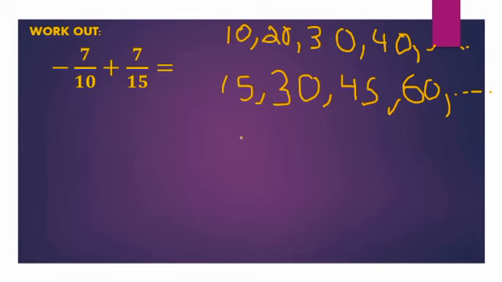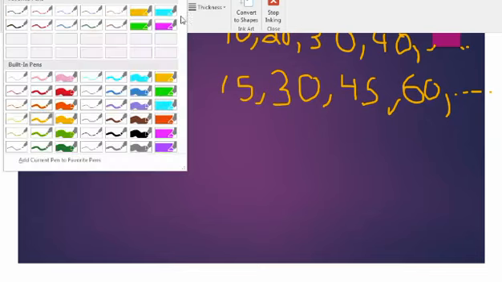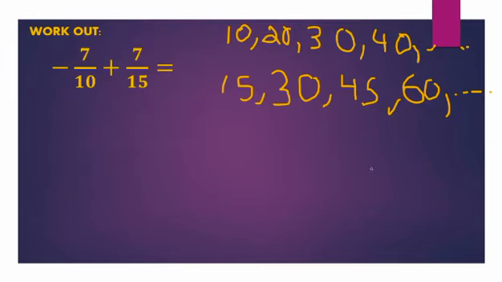Now the least common multiple between the two numbers 10 and 15 is 30. As we see, this is a common number between the multiples of 10 and the multiples of 15, which is least. So we have to change 10 into 30 and 15 also into 30.